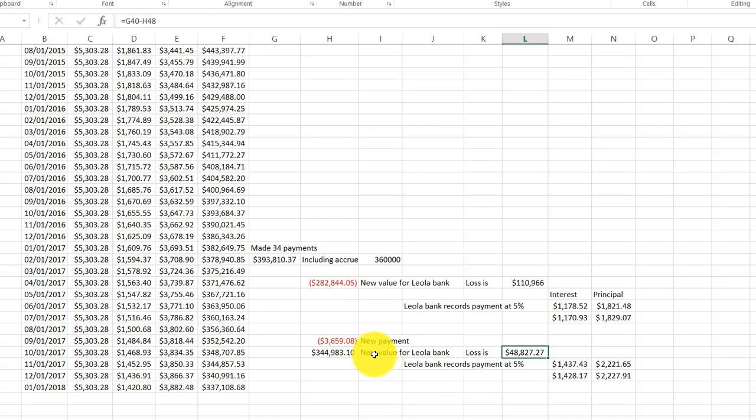But it's very similar to what we've done here as far as calculating a new value for any asset that may be impaired.